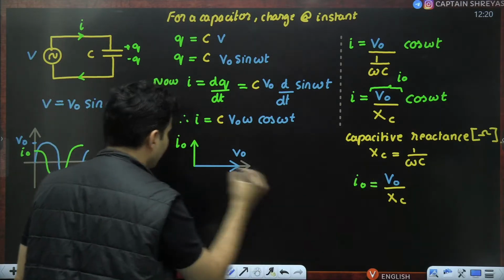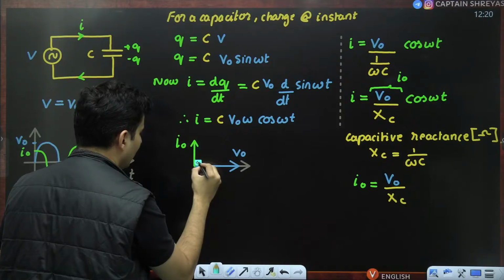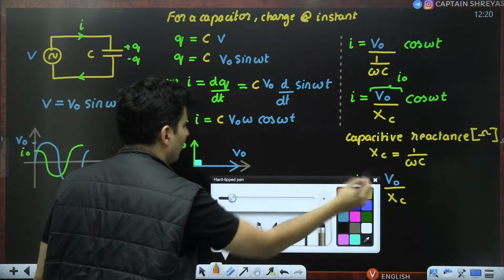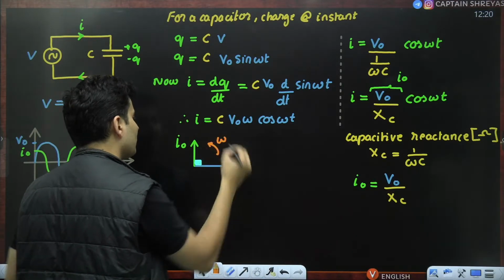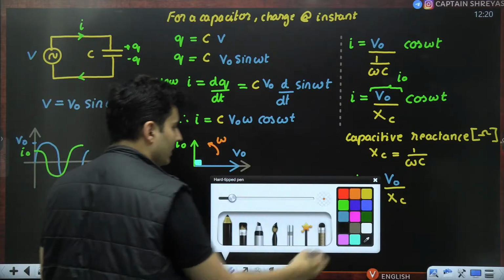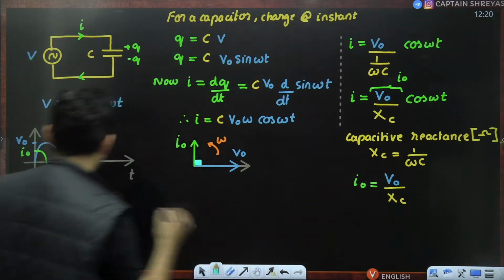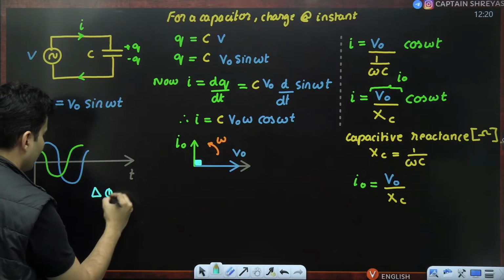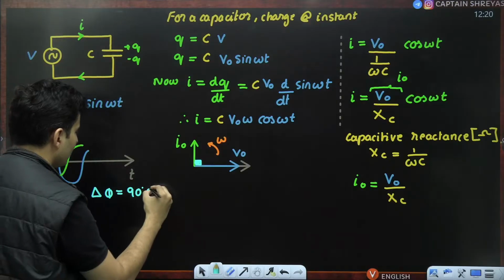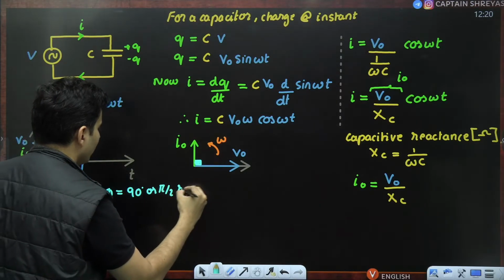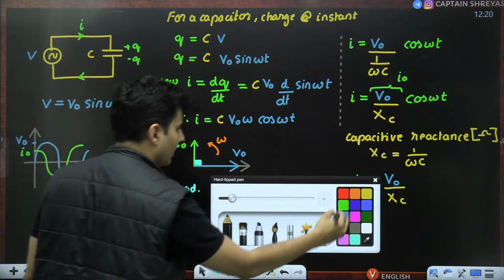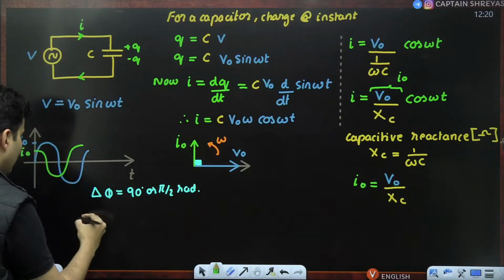You can see there is some angle between them, 90 degrees. Yes, both of them are still rotating with the same speed. They maintain their phase difference. In this case, obviously, the phase difference again is 90 degrees or pi by 2 radian. But here I will say it's the current which is ahead of the voltage.